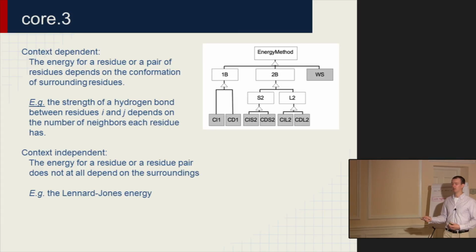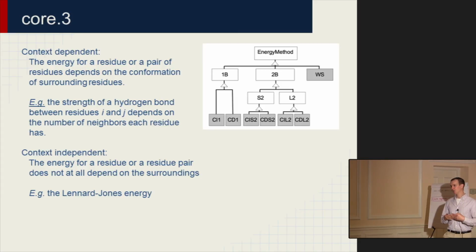But for the sake of expediting packing calculations, you can kind of treat them as if the context is fixed, say, just as you're swapping out side chains in the middle of packing. And so you can actually evaluate these the same way you evaluate context-independent one-body energies in the packer. For an example, in the hydrogen bond energy calculation, I guess historically, the interaction energy between I and J depends on the number of neighbors each residue has.